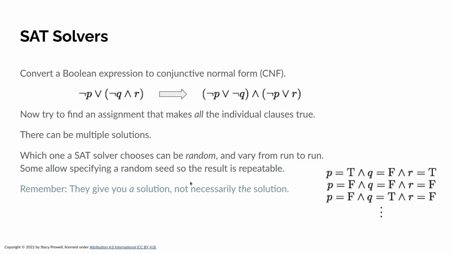Because of that, some allow specifying a random seed so you can get a repeatable result. And the thing to keep in mind is they give you a solution, but they don't necessarily give you the solution, right? Earlier we talked about the number of times of the loop, n, and the things that would solve that equation. There might be many values of n that would satisfy that equation, but the only one we cared about was the smallest one, because that would be the number of times the loop would run before terminating.